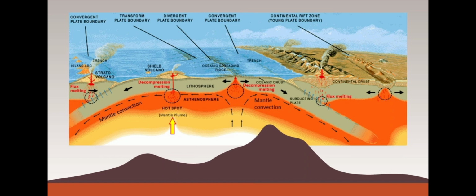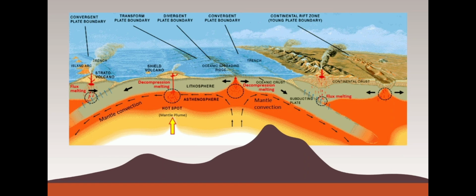In the subduction zone, as an oceanic plate subducts beneath a continental plate or another oceanic plate, it carries water and other volatiles into the mantle. The addition of these volatiles lowers the melting point of the mantle rocks, resulting in magma formation. That's why magma formation is present where the tectonic plates are.